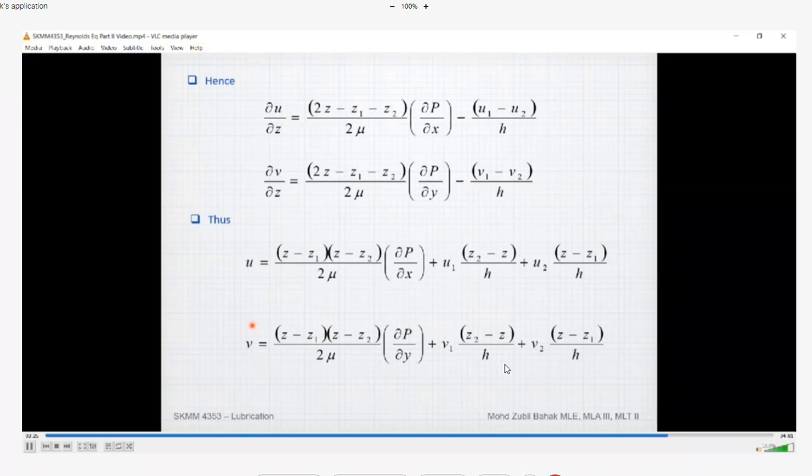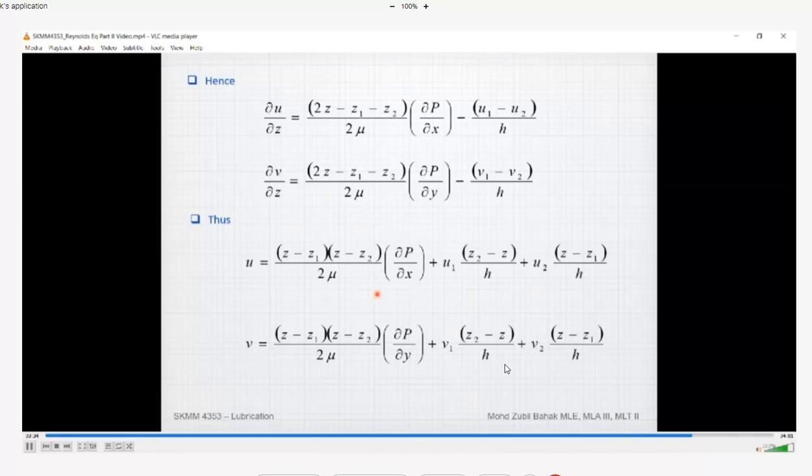velocity in x and y, as u equal to (z minus z1) times (z minus z2) divided by 2 mu, partial p partial x, plus u1 times (z2 minus z) divided by h, plus u2 times (z minus z1) divided by h.